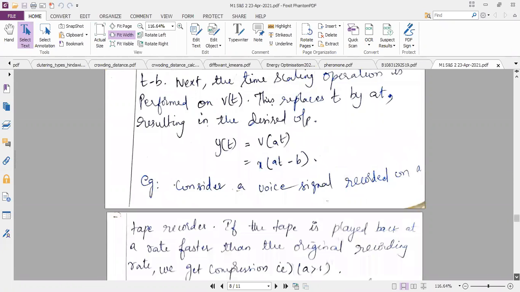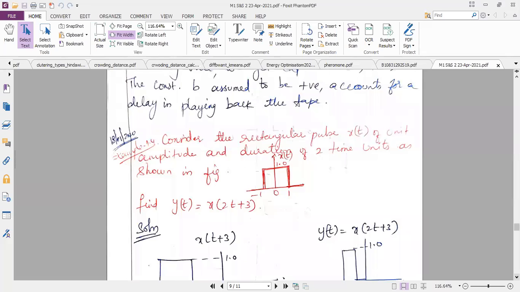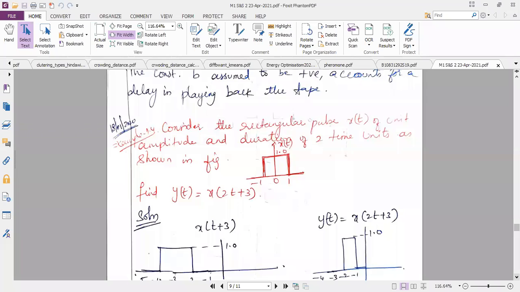So we will solve a beautiful problem based on the above property. Copy the question visible on the screen. Consider the rectangular pulse of unit amplitude and duration of 2 time units.